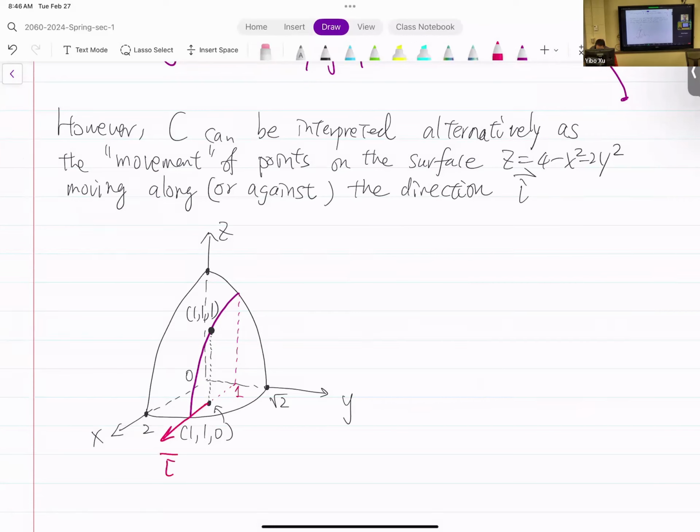So that's i, right? Or if you go along the negative i direction, that's this direction. So maybe the magnitude is slightly larger than 1, but this is just an indication of the direction. So this is definitely a 1. So negative i is this direction.